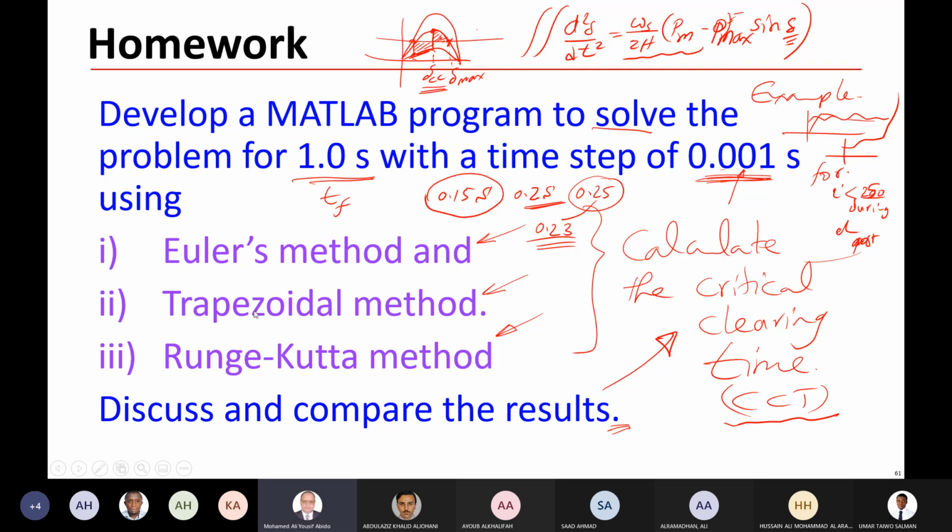You can do whatever you want. You can use MATLAB's ODE, or in this Saadat book there are some built-in functions: swing, RK4, which is Runge-Kutta 4, or RK2, or Euler, even the trapezoidal method.